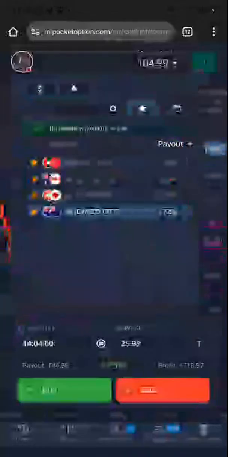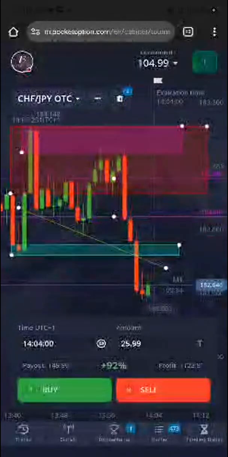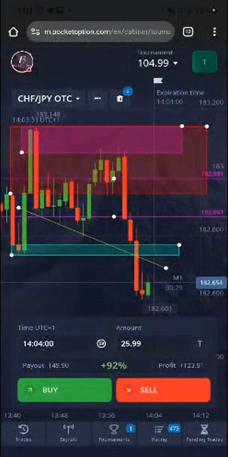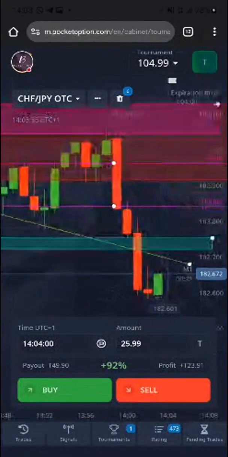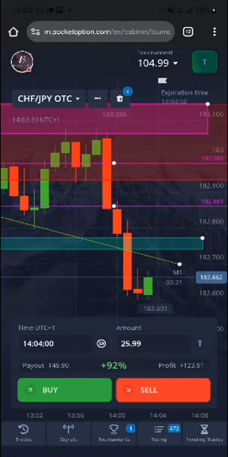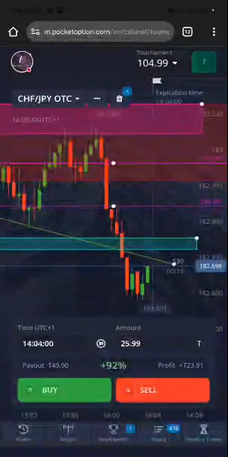And let me teach you one thing. Anytime things like this happen, there's this tendency that you want to quickly try and make your money back. Don't do that. No, don't do that. If you lose a trade like this, just calm down. You may leave the market for a while, come back later. Make sure that you are in a very good headspace.